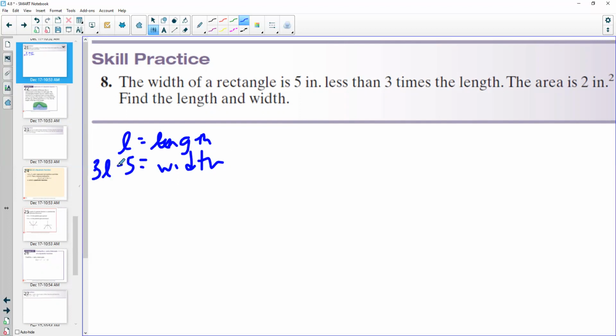Okay, so then the area is 2, so length times width would be L times 3L minus 5 equals 2. All right, you should be able to figure this out. In this case, the length is actually 2. See if you can figure this out. Solve it, see what you get.